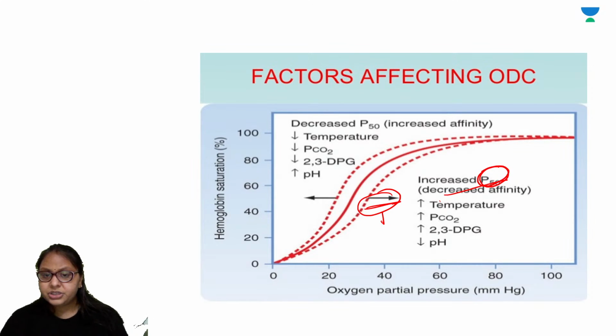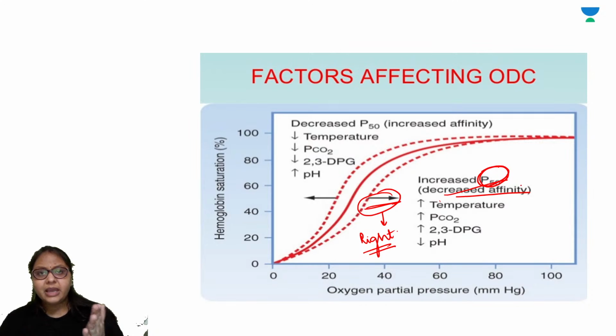If the curve is shifting towards the right side, that means more oxygen is liberated towards the tissue, with less affinity of oxygen towards hemoglobin. That is when the ODC is shifted towards the right.